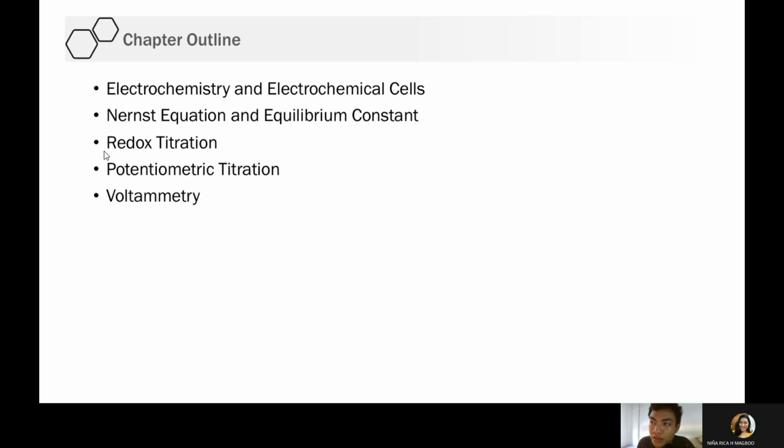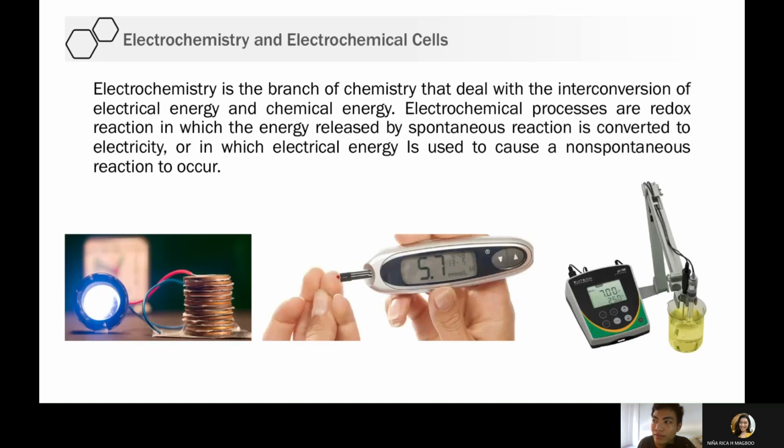Then we will proceed with the Nernst equation and solving for the equilibrium constant in redox reactions. And we have redox titrations, potentiometric titration, and voltammetry. We'll try to cover all of them. This is quite a lengthy topic. So let's start now.